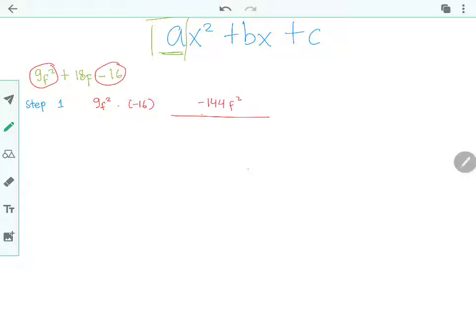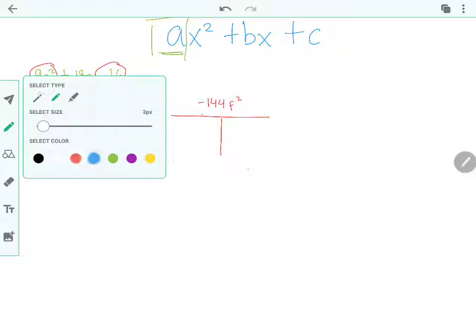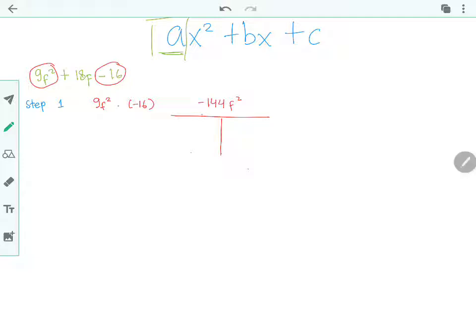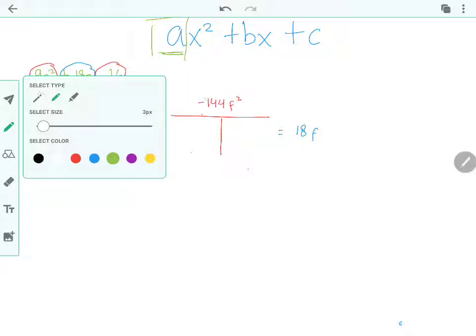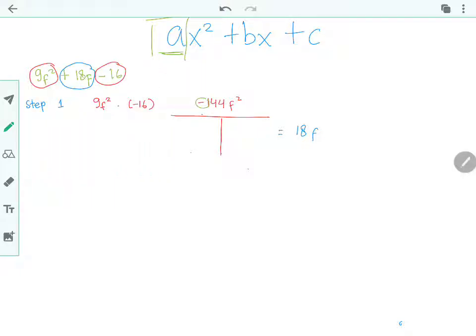Now you need to factorize this and find out what factors, if you add both of them, will equal 18f. As you can see, we have a negative number as the result of multiplication and a positive number as the result of addition.